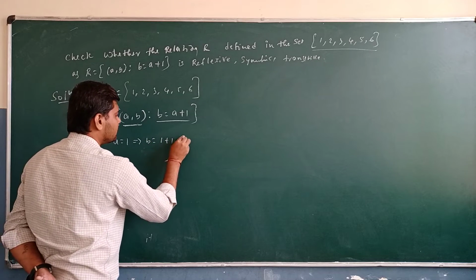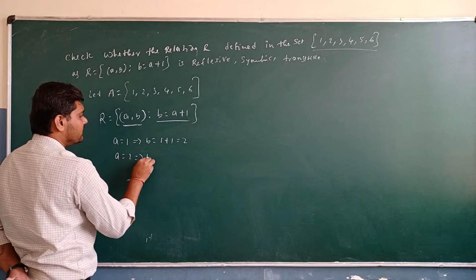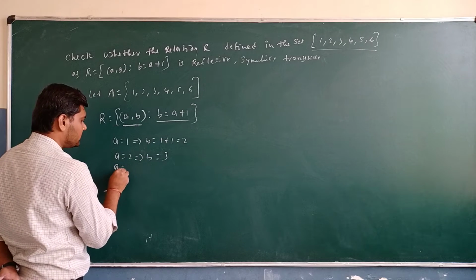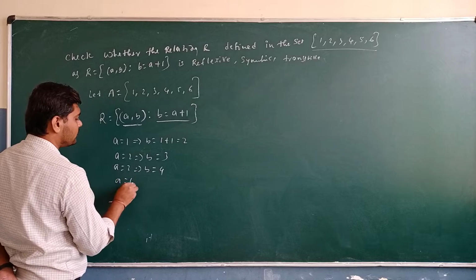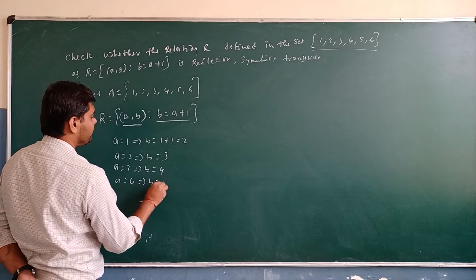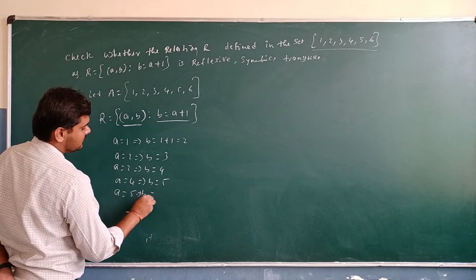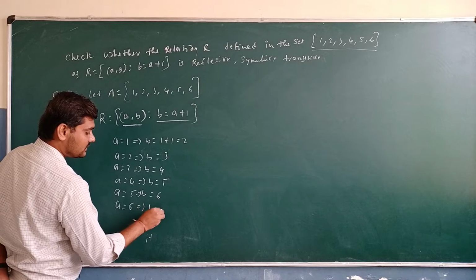Follow? So it is going to be (1, 2). Suppose a is equal to 2, b is equal to 3, because 2 plus 1 is going to be 3. So a is equal to 3 implies b is equal to 4. A is equal to 4, then b is equal to 5, then a is equal to 5, then b is equal to 6. What about a is equal to 6, b is equal to 7?